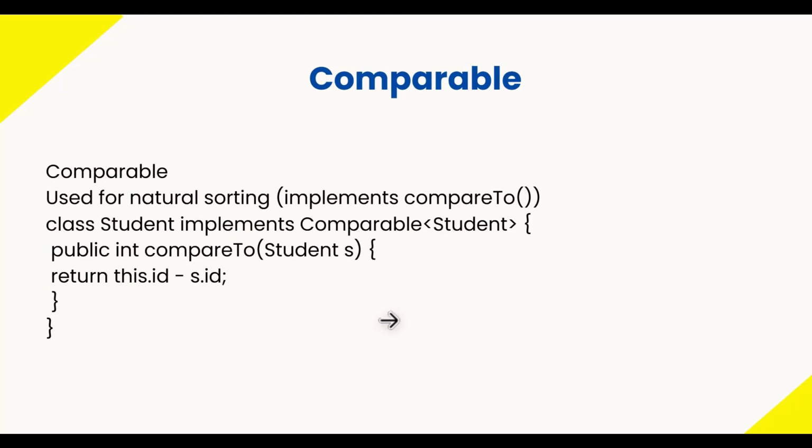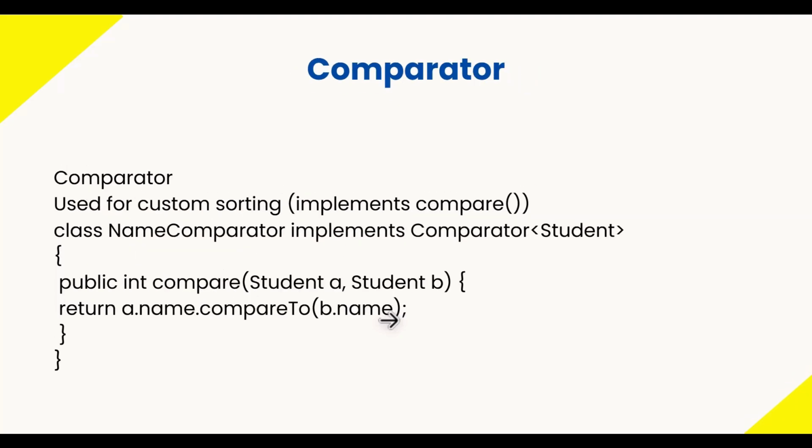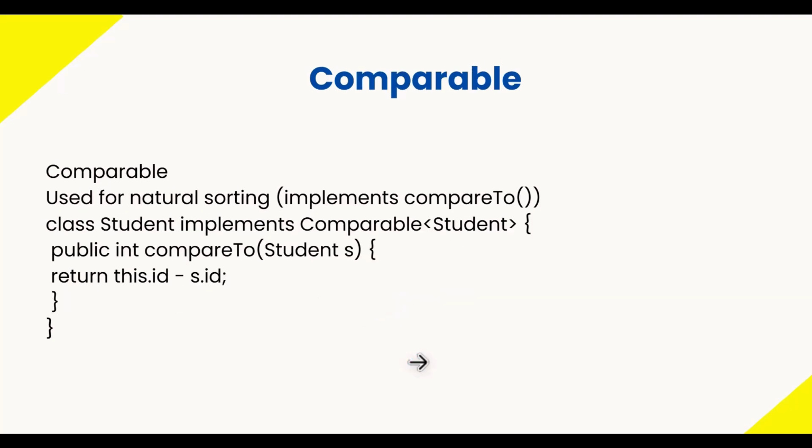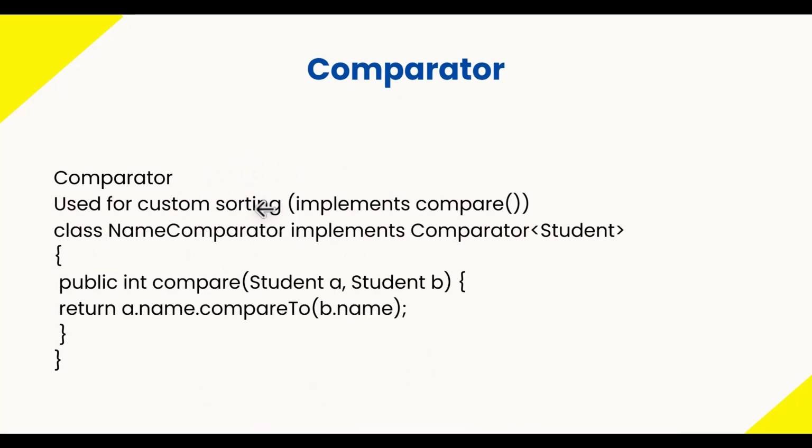Comparator and Comparable are similar, but there are some differences between them. First of all, the Comparable interface is used to sort objects using the natural or default order, but the Comparator interface is used to sort objects using a custom order.